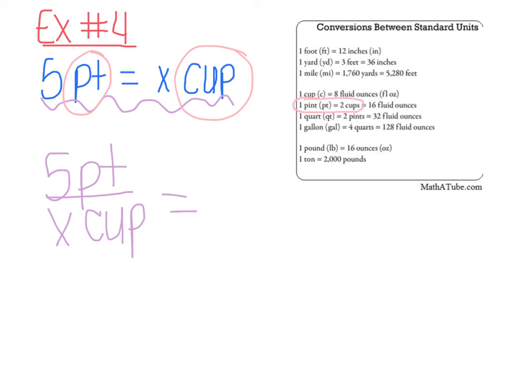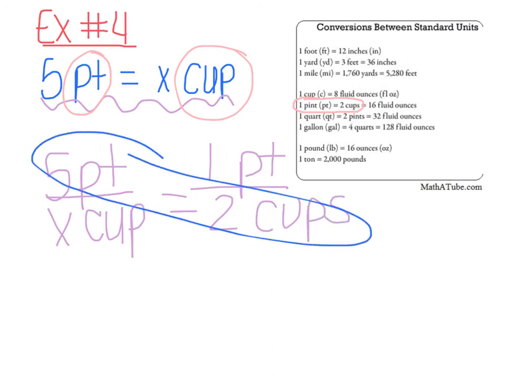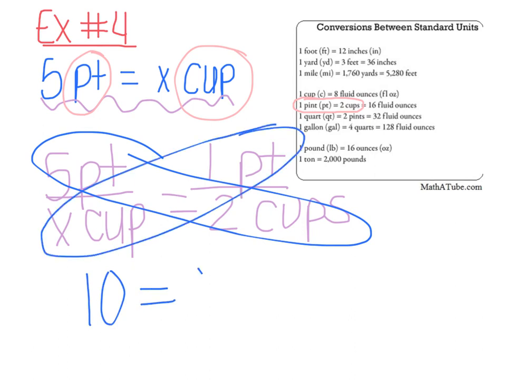So 1 pint equals 2 cups. Cross multiply, 5 times 2 is 10, and 1 times X is X. So X equals 10. Back up in our original problem, 5 pints equals 10 cups.